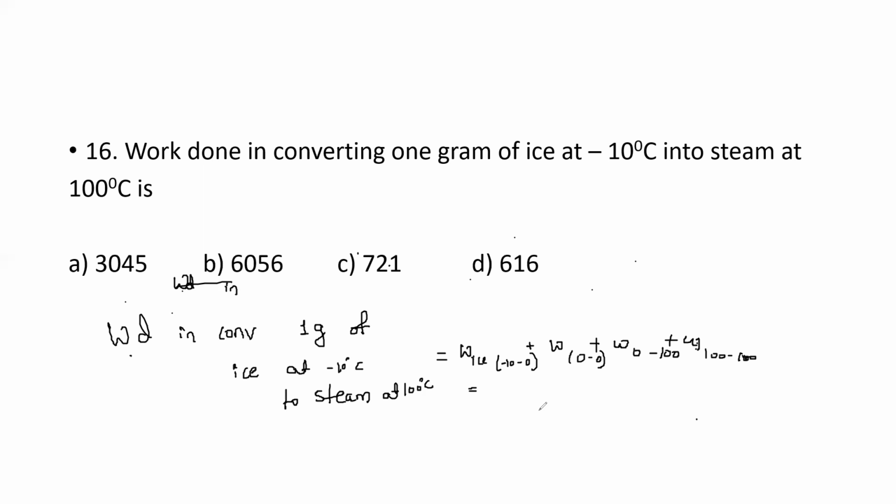Then next, liquid at 100 degrees Celsius to steam at 100 degrees Celsius. We need to calculate work done in 4 steps. Either we can simplify it separately, or calculate here only. We know that work done is equal to mc into delta T.